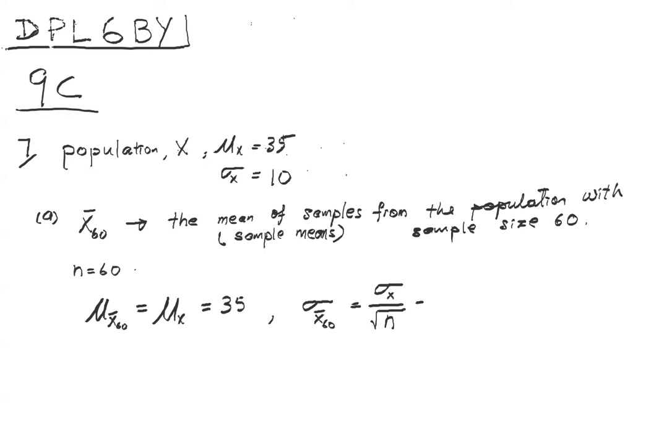So equal to 10 divided by square root of 60. Then you get the approximate value. You see how I mentioned it? It's very, very important: which variable are you talking about? Okay, now let's go to part B.